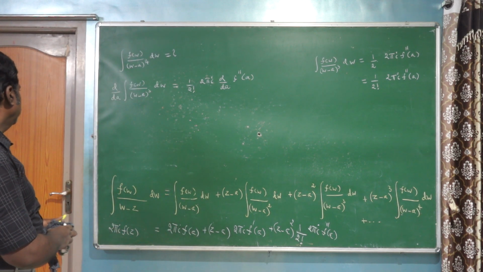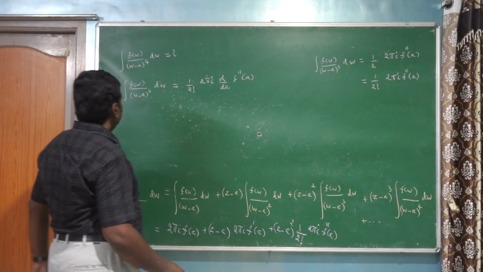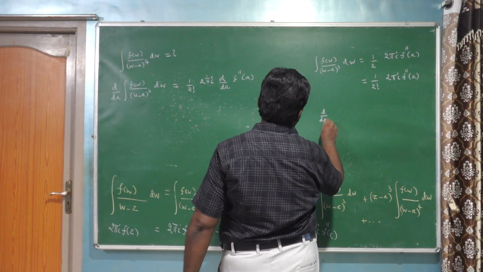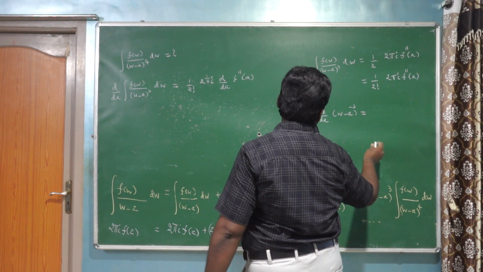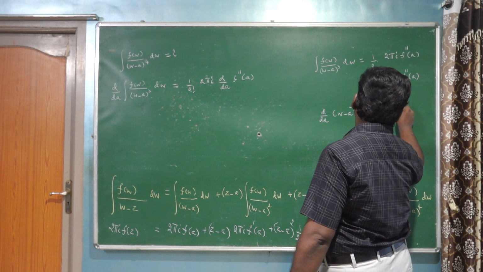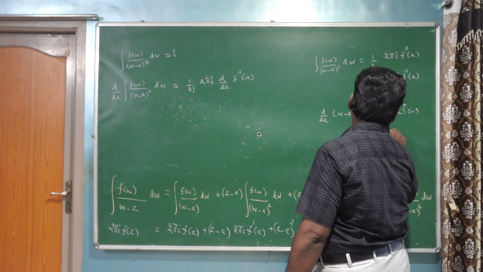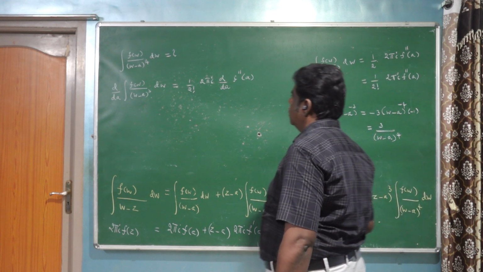Now consider the left hand side. d by da of (w minus a) power minus 3 is minus 3 into (w minus a) power minus 4 into minus 1, that is equal to 3 divided by (w minus a) power 4.